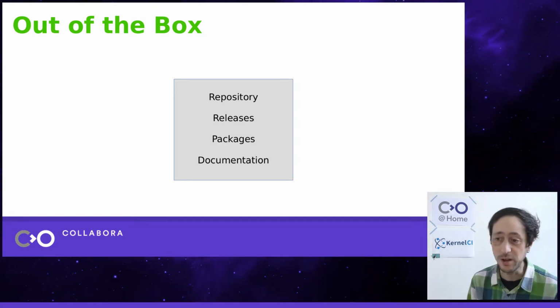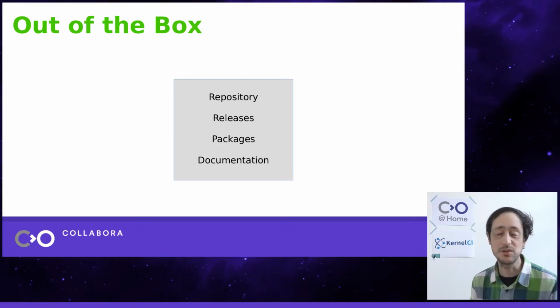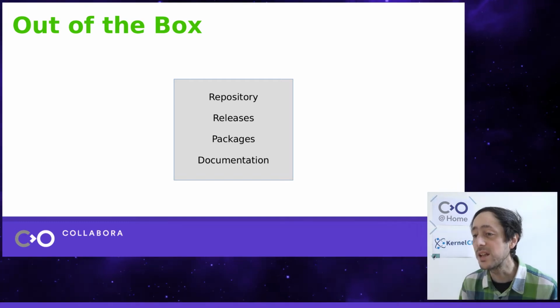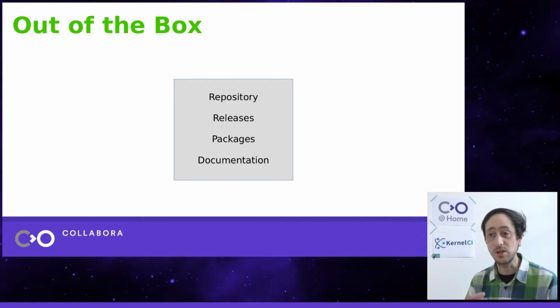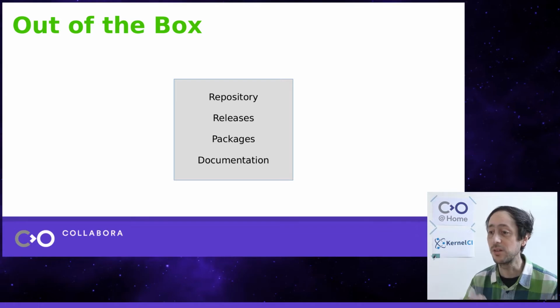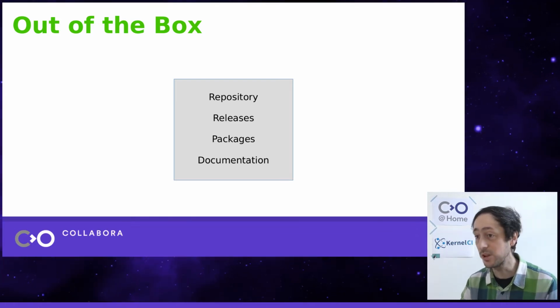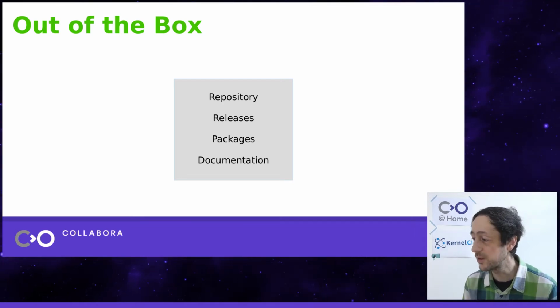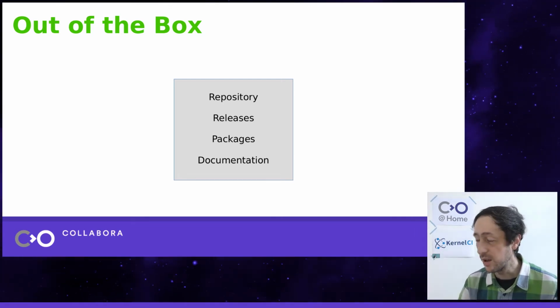So it could be pre-compiled or in a format for a Linux distribution or in a Docker image or Flatpak. And then you have documentation that's generated from the source code. So you have HTML or PDF documentation. So you can see these things come directly from what's available in the source.